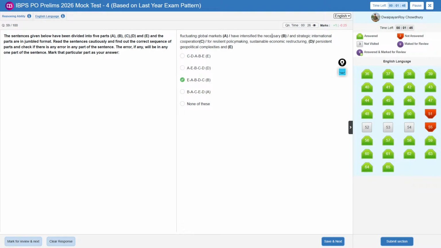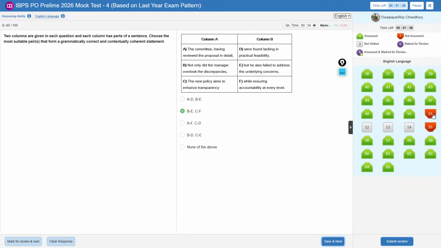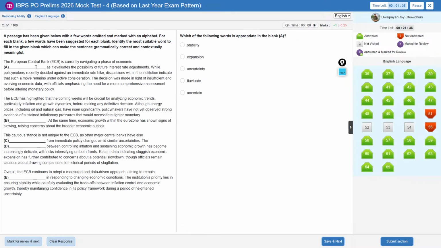The European Bank is currently navigating a phase of economic slowdown, economic uncertainty, as it evaluates the future interest rate adjustment, while policymakers recently decided against and currently navigating a phase of economic expansion, uncertainty.